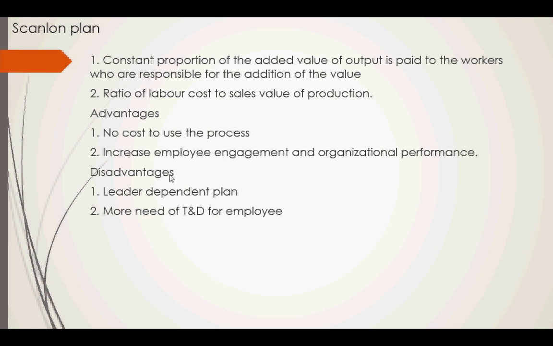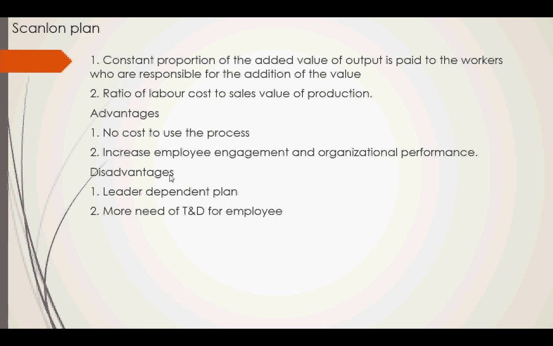So the group, as a group, is responsible for creating certain output, value addition. The ratio of labor cost to sales value of production. Sales value of production and labor cost are also to be considered here under the Scanlon plan.